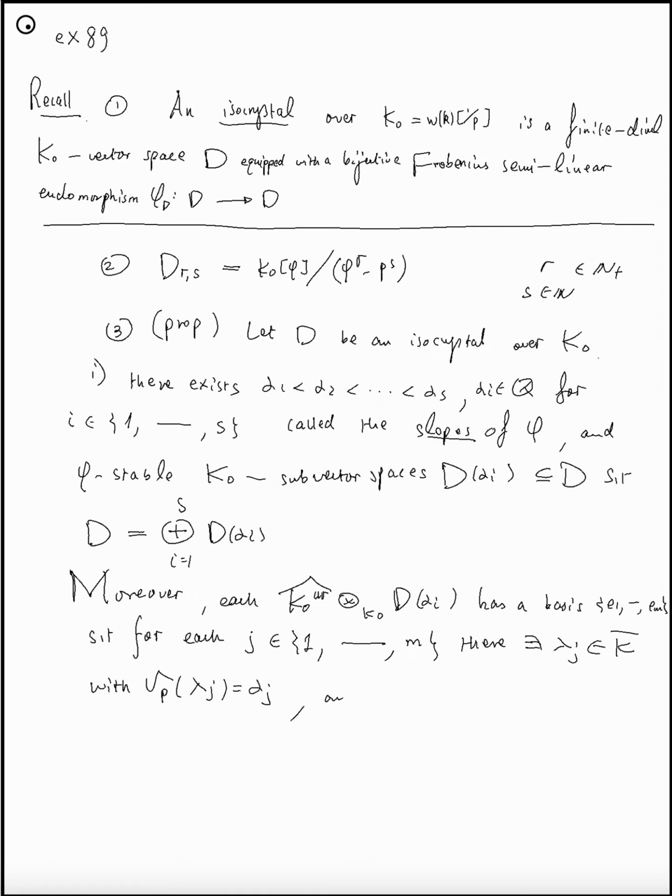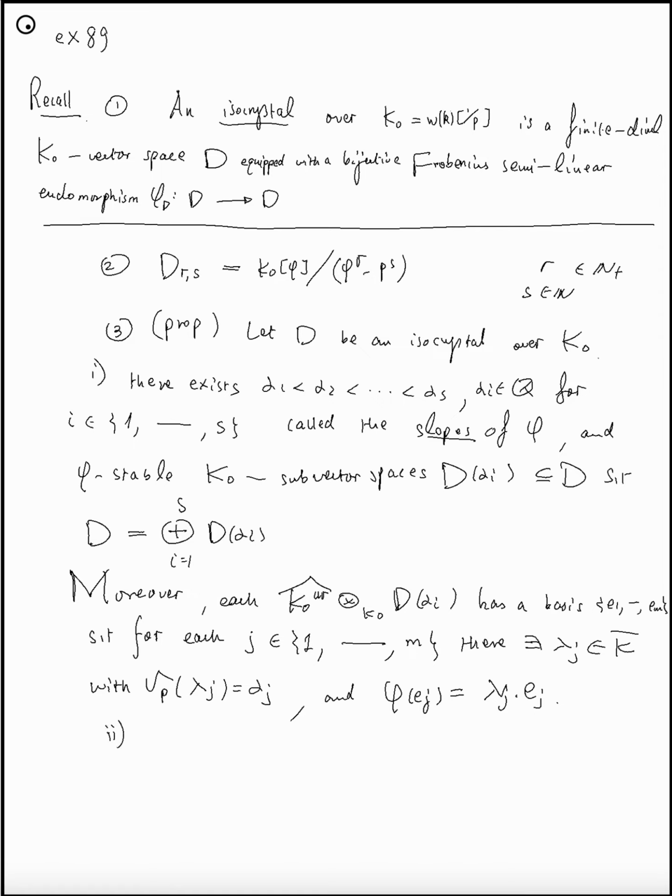And what is this lambda_j? This is in some sense the eigenvalue of Frobenius over e_j. In some sense, eigenvalue of Frobenius with eigenvector e_j, but it's not because Frobenius is not a linear map.